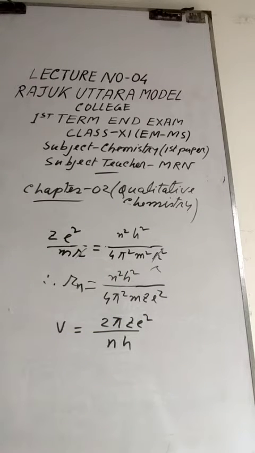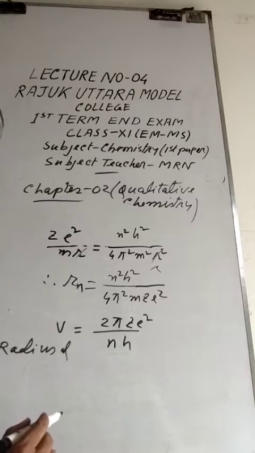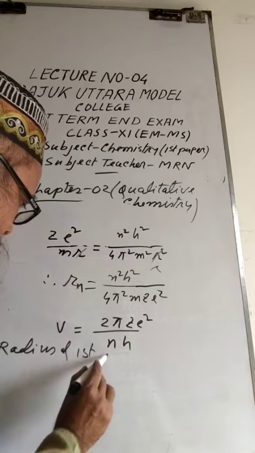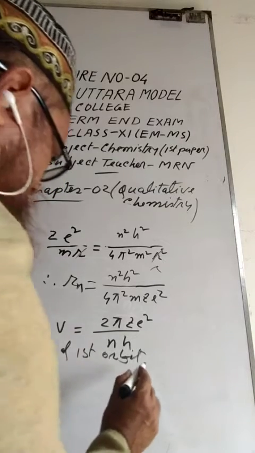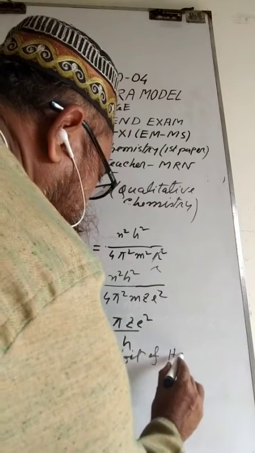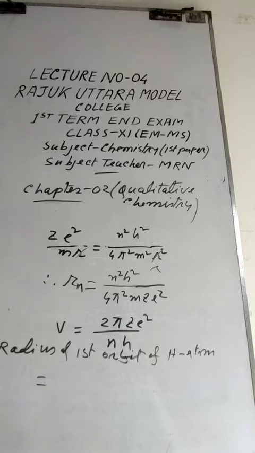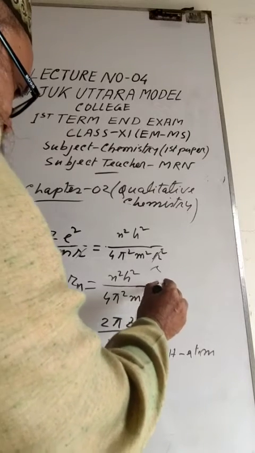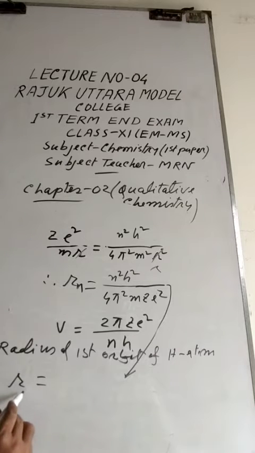Now to find out the value of radius of first orbit of hydrogen atom, following this formula we can find r1 equals n square.